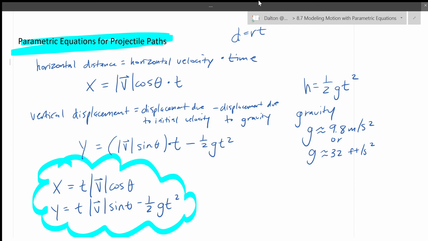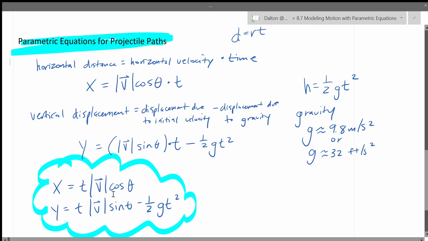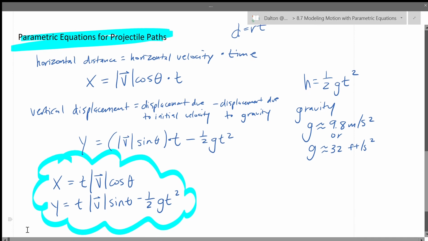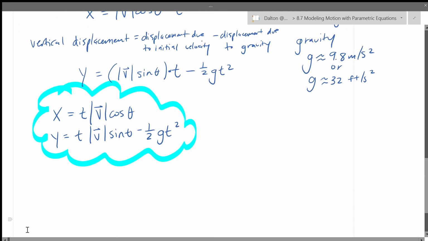So we're going to do one example that's going to have about 3 different parts that shows you how to use these types of equations. Okay, so let's do, I think if I'm numbering, this will be example 3.